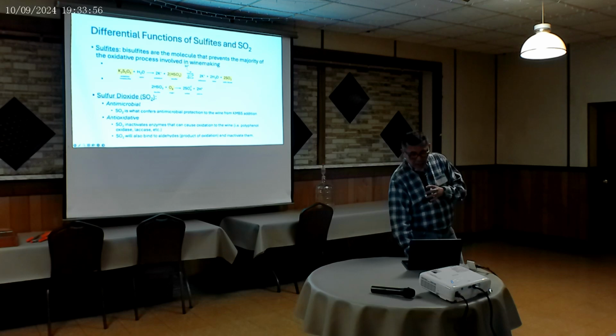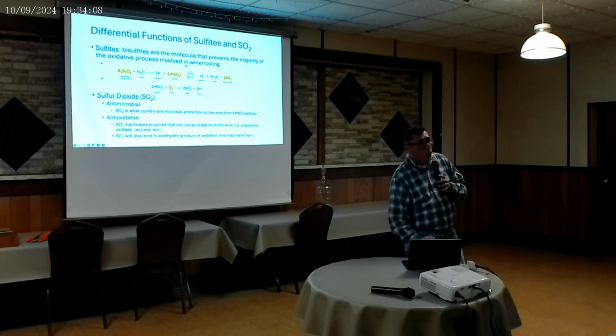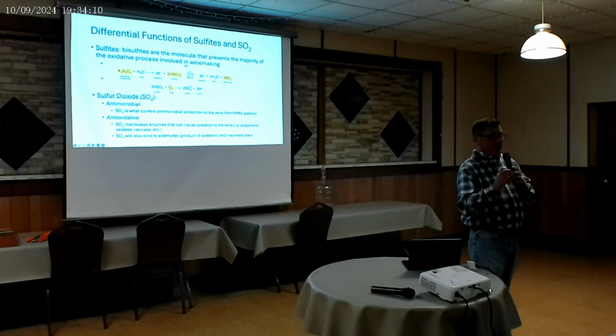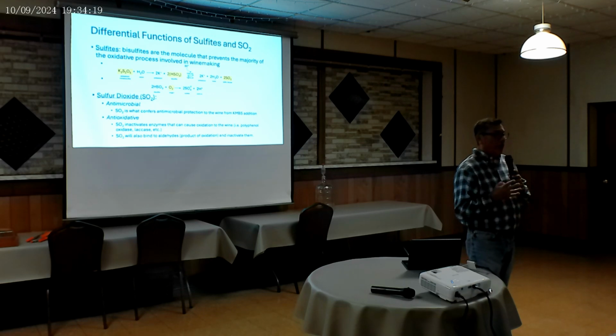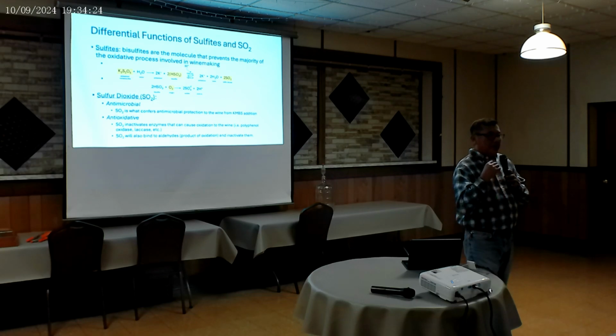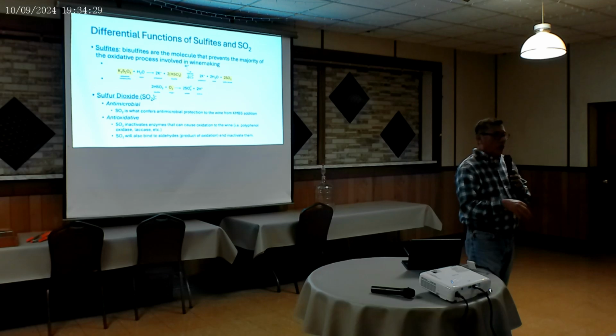And you can see also right here, I do want to make a point. If you look at this, you see that for every 2 molecules of bisulfite, you neutralize 1 molecule of oxygen. And bisulfite has twice the molecular weight of oxygen. So what that tells you is that for every gram of dissolved oxygen in your wine, it takes 4 grams of SO2 to neutralize it.